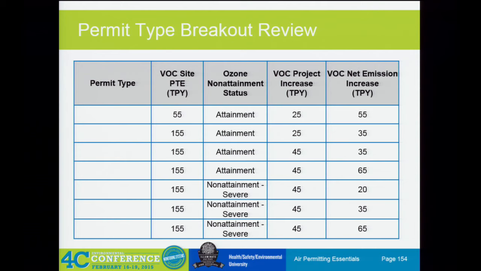So what I think we're probably getting a little bit confused on is if this were NOx, and we were looking at just our NOx here, NO2 is one of the criteria pollutants, and that has a 40 ton per year threshold for PSD.